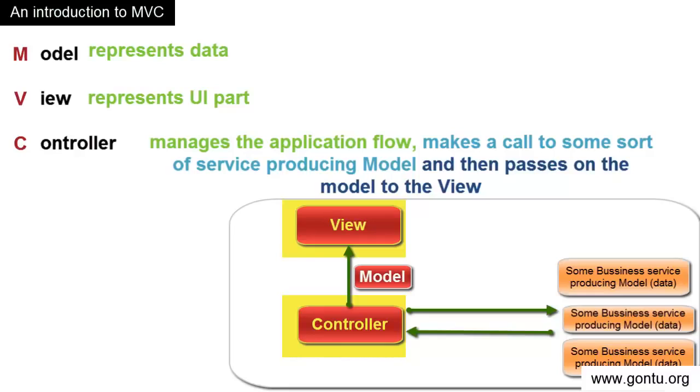In case you are developing a web application using Java, the model is typically a Java object having some properties along with getters and setters methods. And typically the view is HTML code displaying data by retrieving it from the model object. And these business services are also Java objects having some business logic to produce a model object.